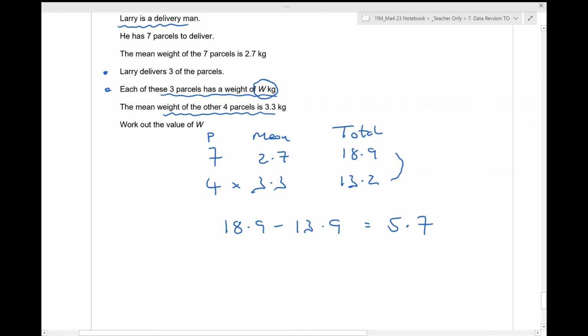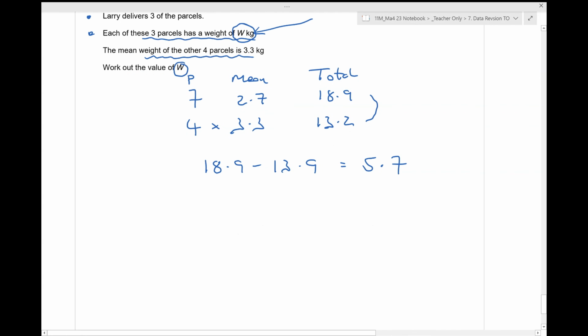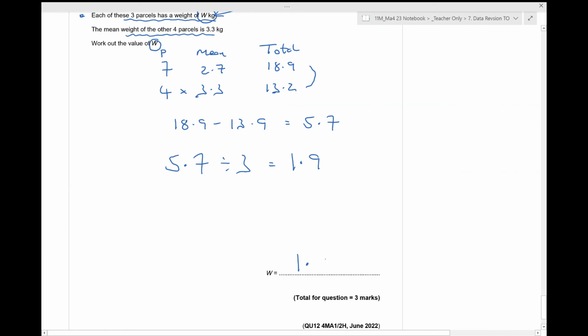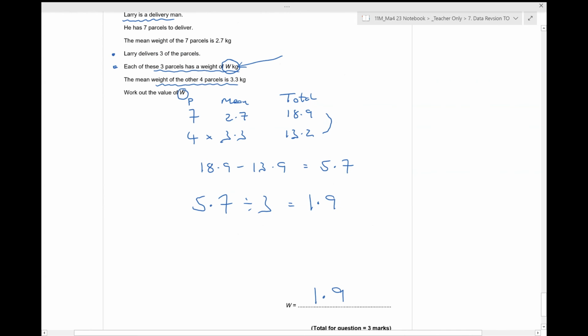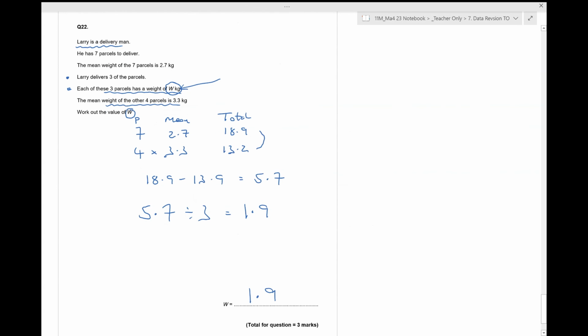Now the question is, work out the value of W, the weight of one of the parcels. And you know that each of those 3 parcels weighed the same. So 5.7 divided by 3, 1.9. So my answer is that W is 1.9. And that is the last question of question type 3.